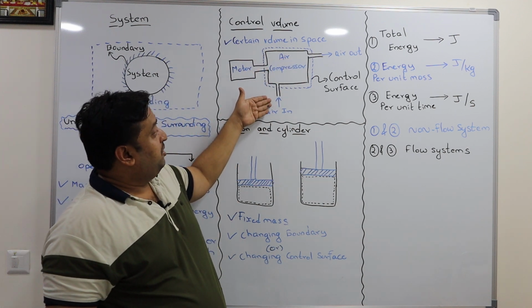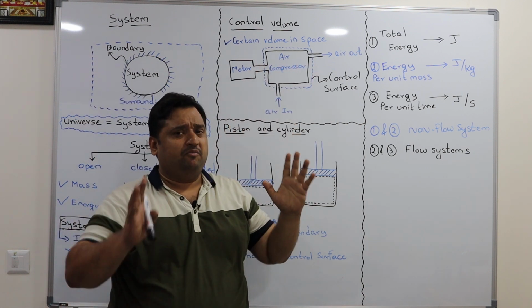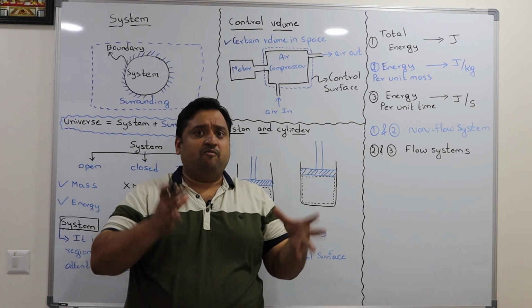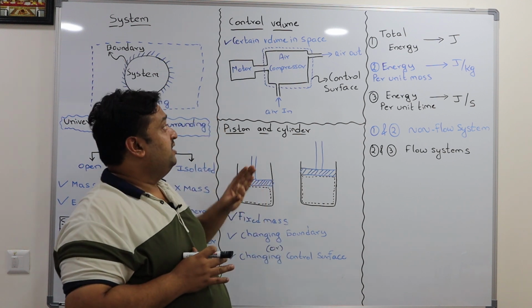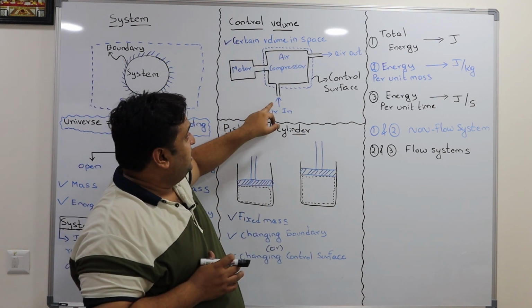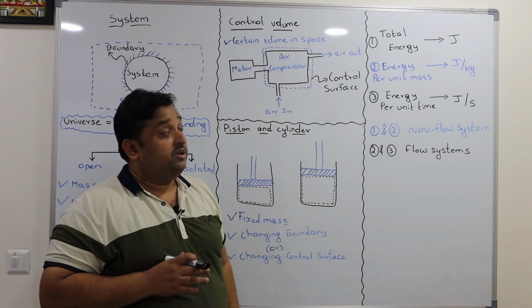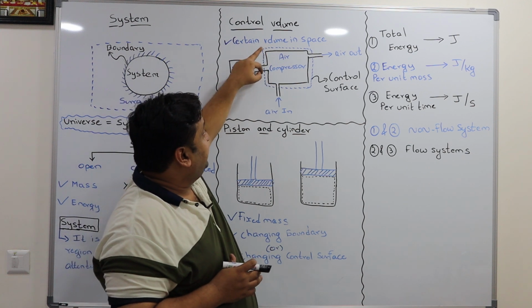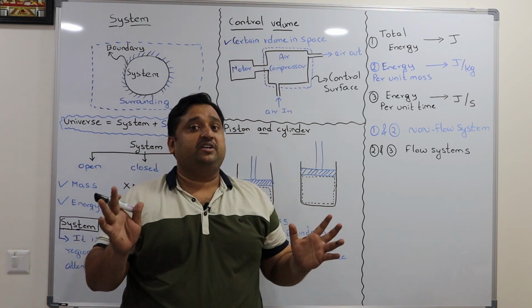The compressor takes a higher volume of air and makes it a lower volume at high pressure. You can see here, a certain quantity of matter is entering and a certain quantity of matter is moving out, which is happening around this boundary. That means it's a region in a space. If you consider the air compressor, that compressor is my space.